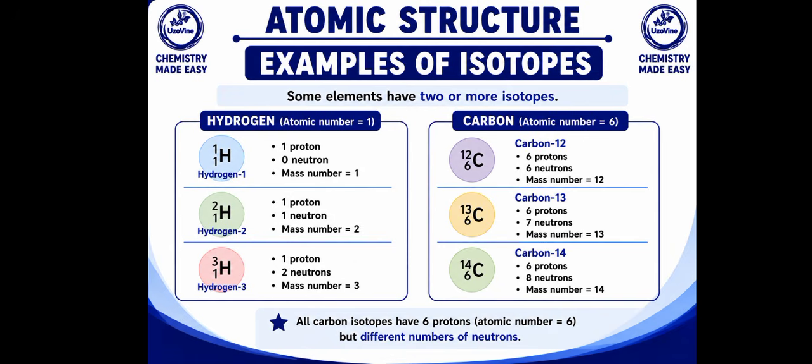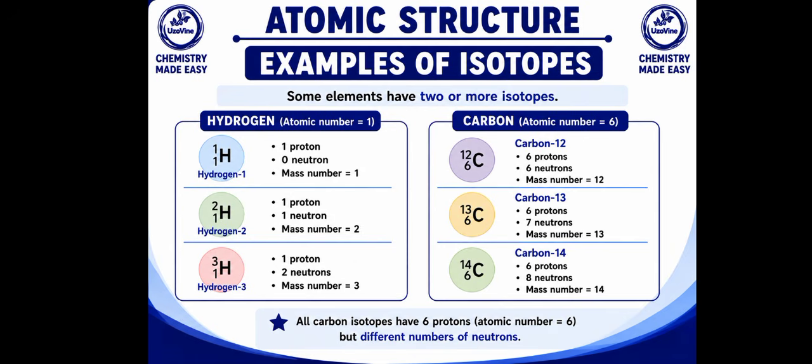Examples of isotopes. Here are some examples of isotopes. We have hydrogen with proton 1, neutron 0, mass number 1. We also have another isotope of hydrogen with proton 1, neutron 1, then mass number 2. And another isotope of hydrogen, proton still 1, neutrons now 2, mass number 3.